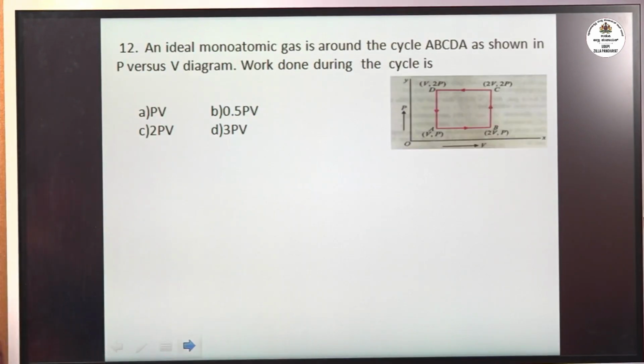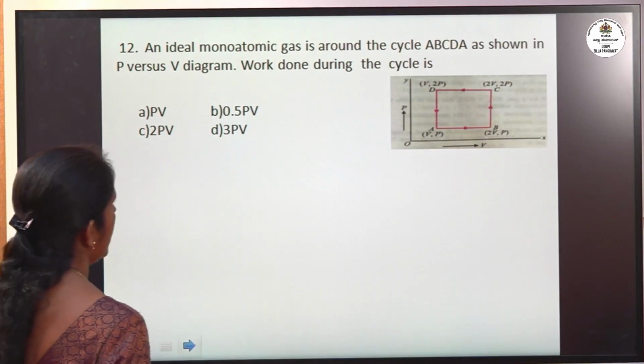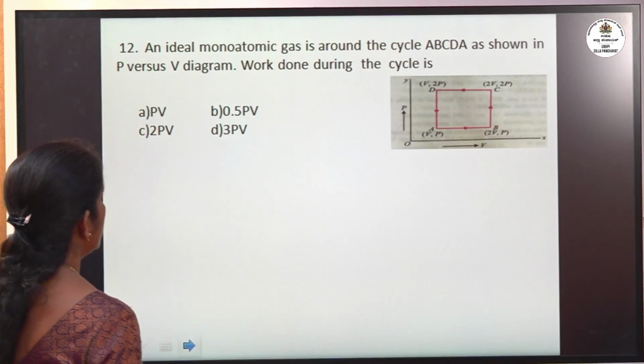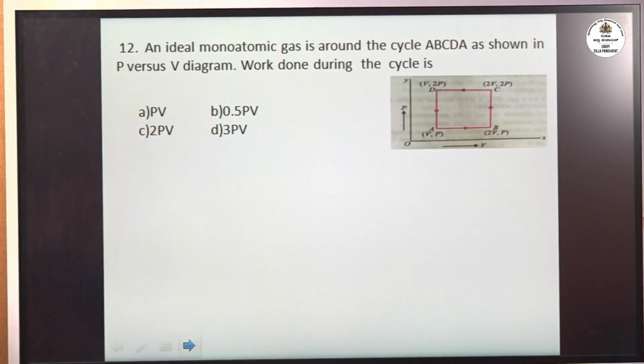Next, let us go to the next question. An ideal monoatomic gas is taken around the cycle ABCDA as shown in the P versus V diagram, the pressure volume diagram.